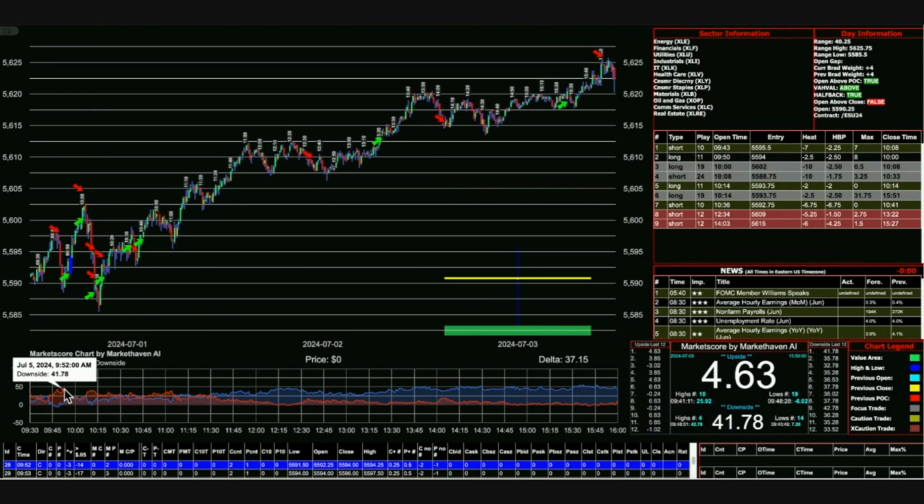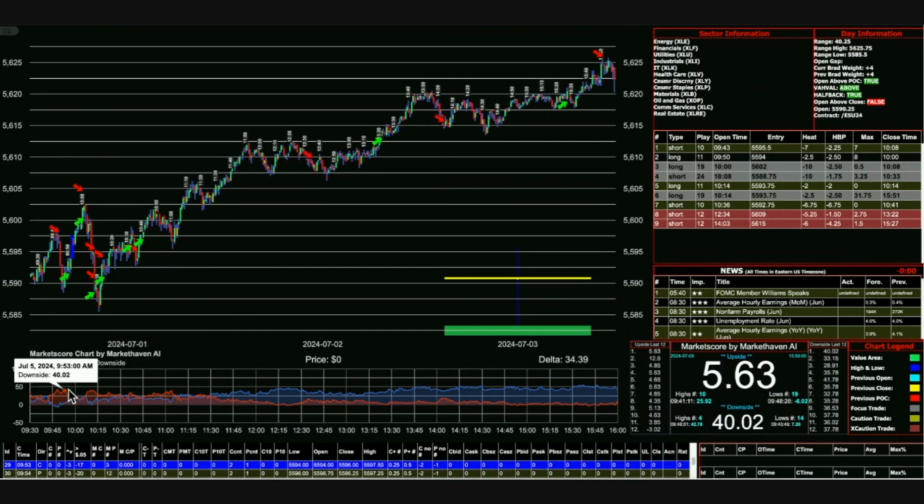So even by 9:52, it's not saying that it's going to win or do better, but it's very interesting that 22 minutes into the day, it's already showing a tendency to want to move higher, which is, again, very interesting how Marketscore is able to provide that kind of insight this early in the day.